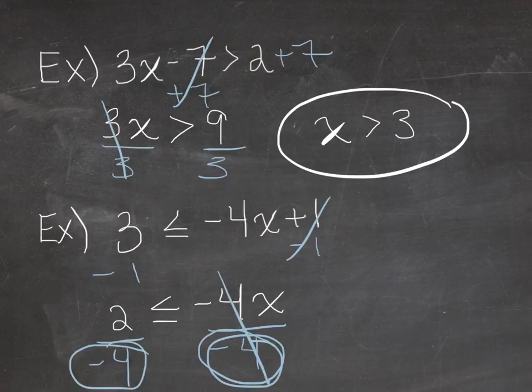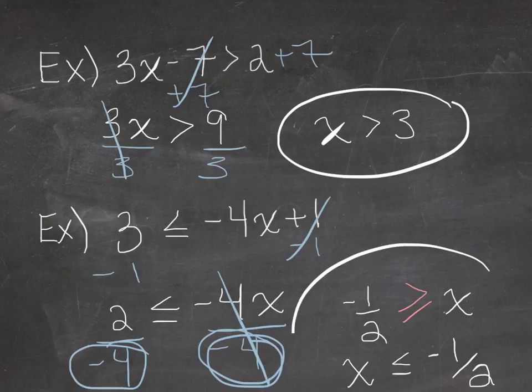So then I have negative 1/2, and I have to flip the direction of the inequality, so it is now greater than or equal to x. Or you can read it as x is less than or equal to negative 1/2. These two would be equivalent statements.